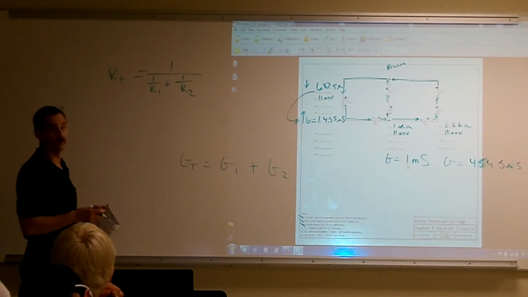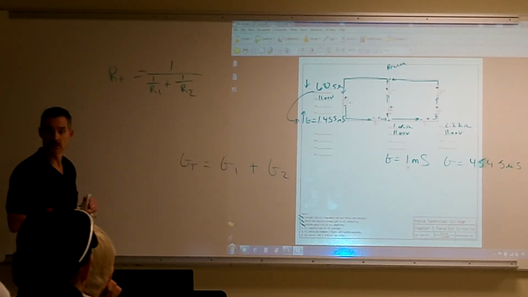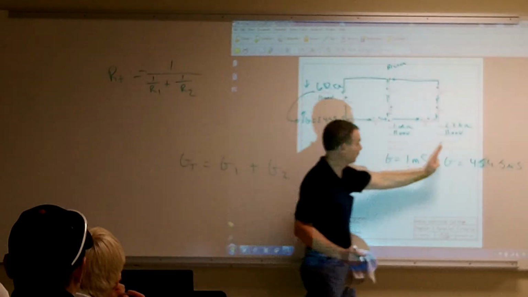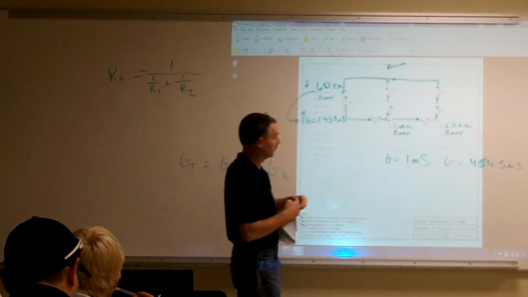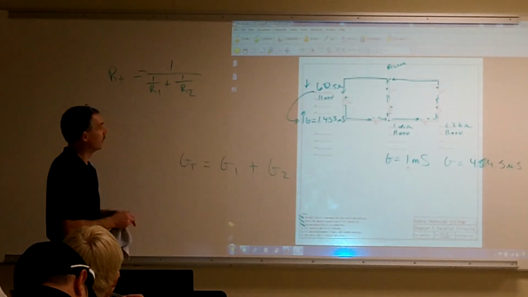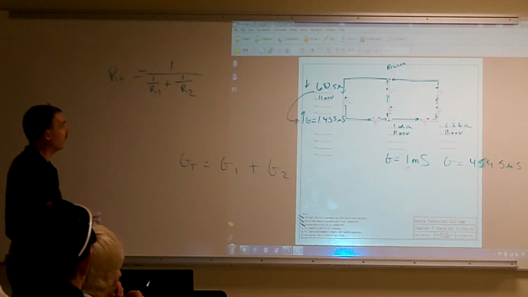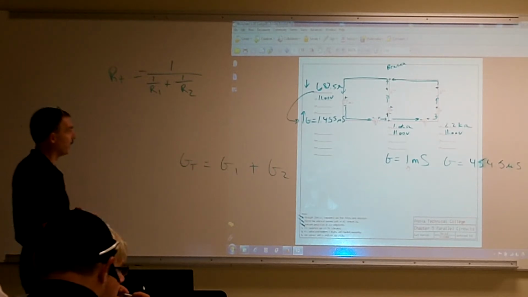You should get 1.455 millisiemens. Okay? So my conductance just adds. I add my conductance just like I do with resistors in series. So conductance in a parallel circuit is just like resistance in series. I just add them together. Okay?